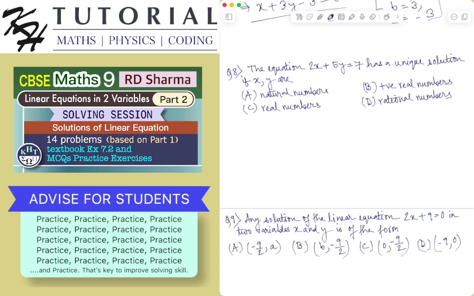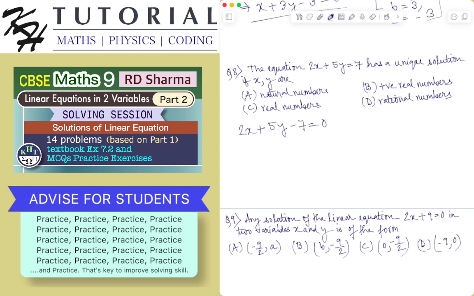If the equation 2x + 5y - 7 = 0 is the given linear equation, what should the values of x and y be so that this equation will have only one solution?